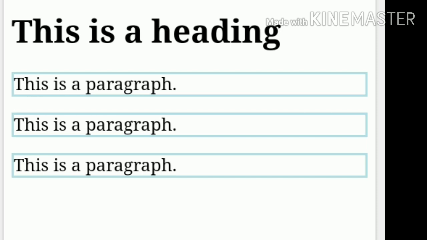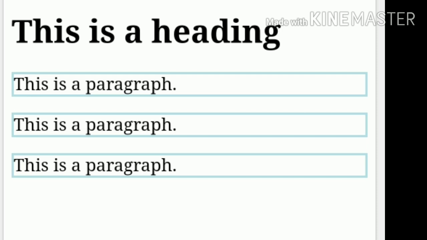In this way you can go for a new one. After border you can go to padding. What is padding? Padding property defines the space between the text and the border.